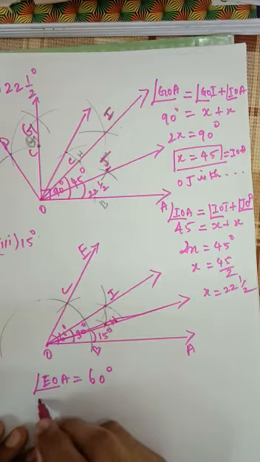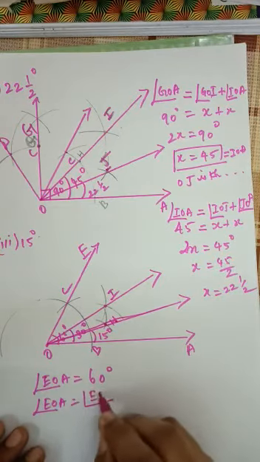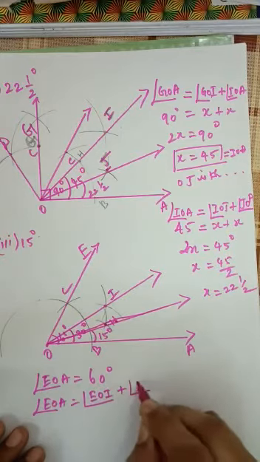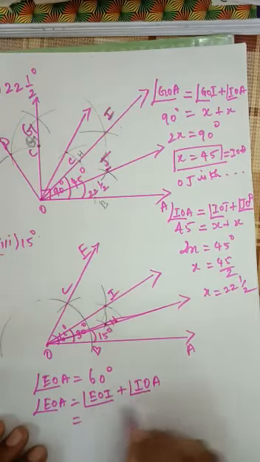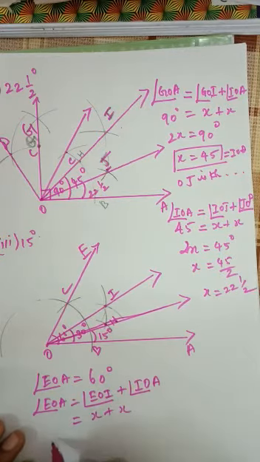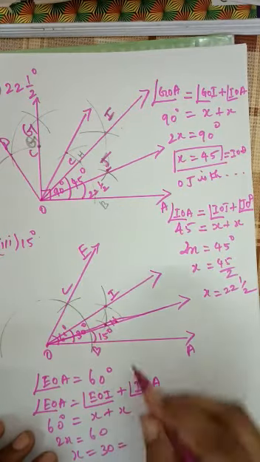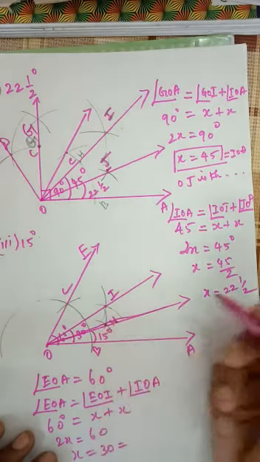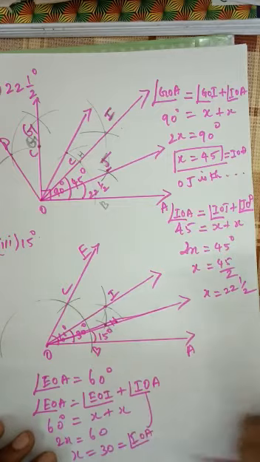Angle EOA is equal to angle EOI plus angle IOA. So these are equal, so x plus x. So this is 60 degree, so 2x is equal to 60, x is equal to 30, that is angle IOA or angle EOA.